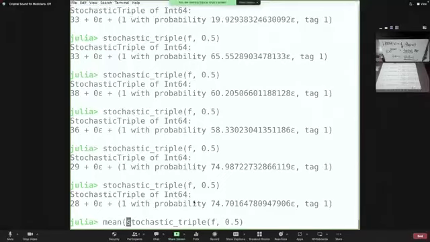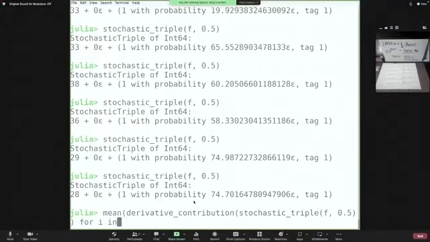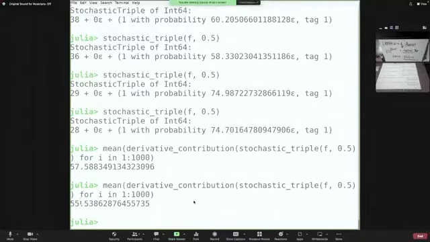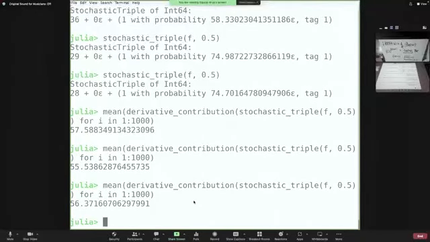But now we can take this stochastic triple, propagate it through a program, collapse it into a gradient estimator, and do this 1,000 times. You'll have to trust me that this is the derivative of your program.